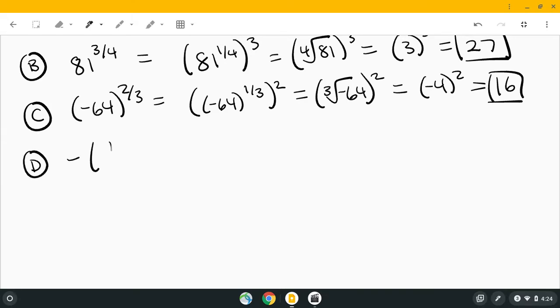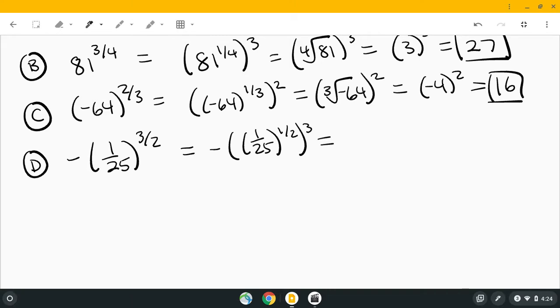And let's do this one. Negative 1 over 25 to the 3/2. Okay, so that negative number is not part of our base. So this negative number will be multiplied at the end, because order of operations, you do exponents first and then you multiply. Okay, so that will hang around out there. And it's 1 over 25 to the 1/2 power, and then cubed.